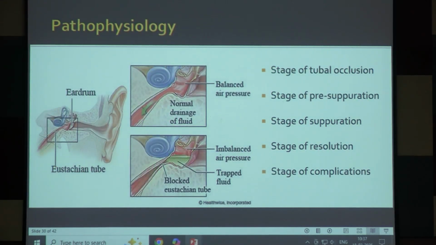So, the pathophysiology of acute otitis media. Basically, these parts of the middle ear are already narrow or constricted. So whenever there is inflammation, this narrow way will be more constricted.